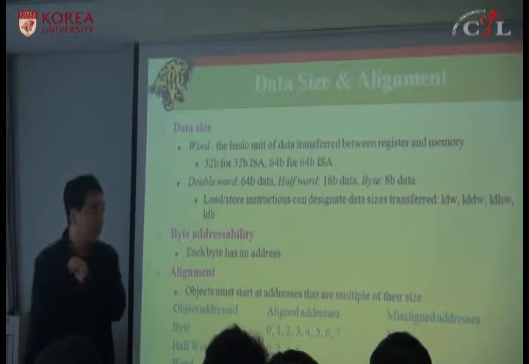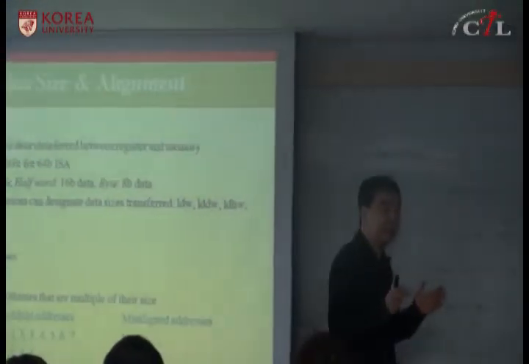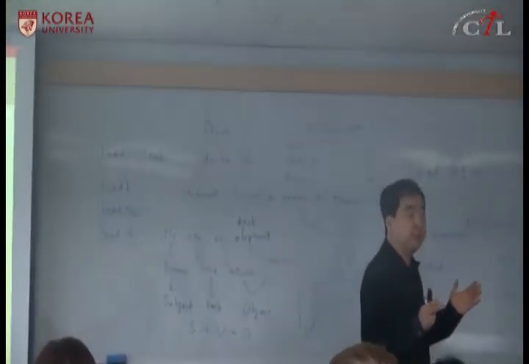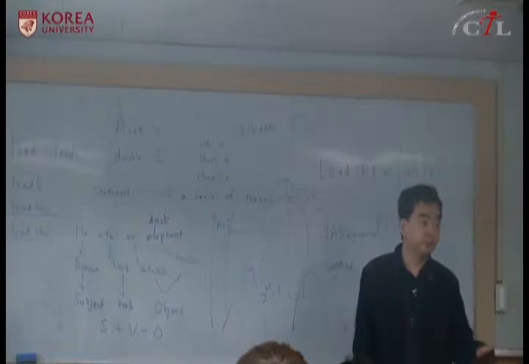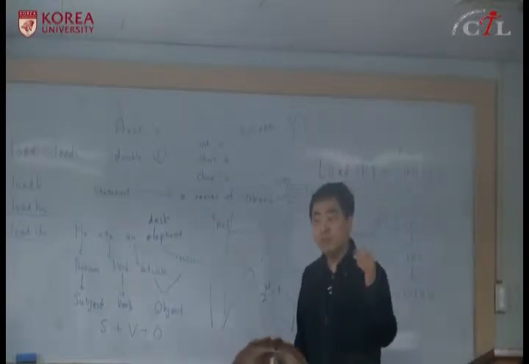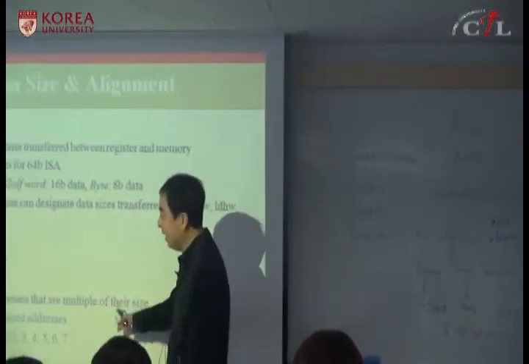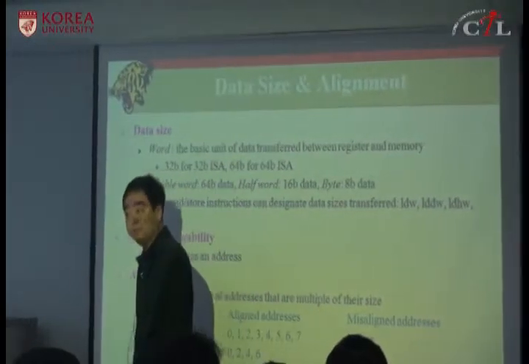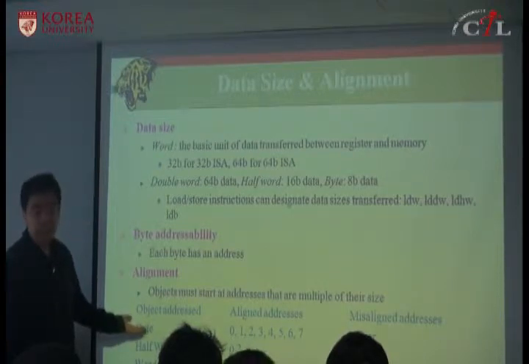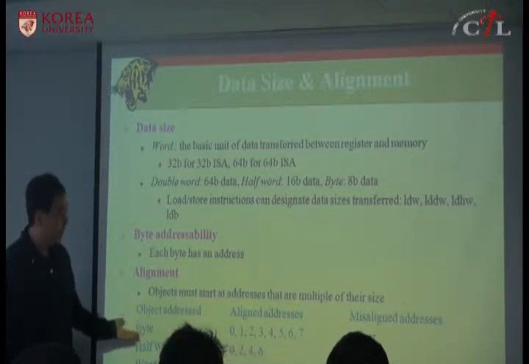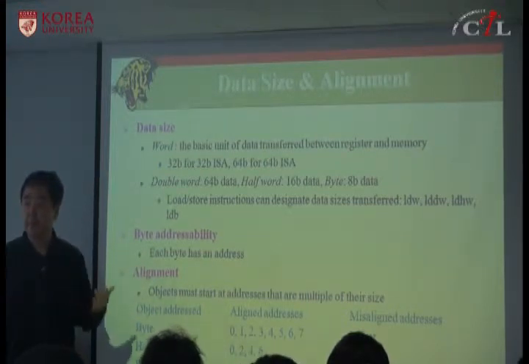For a 32-bit processor such as the MIPS processor, instructions are 32-bit, and all the instructions should be aligned as well, which means instruction addresses start at 0, 4, 8, 12, 16, 20, 24, and so on. Characters are naturally aligned because they are bytes, right? And short integers, half words, should be aligned at even addresses. And 64-bit floating point data should be aligned at 0, 8, 16, 24, and so on, the multiples of 8. Okay?